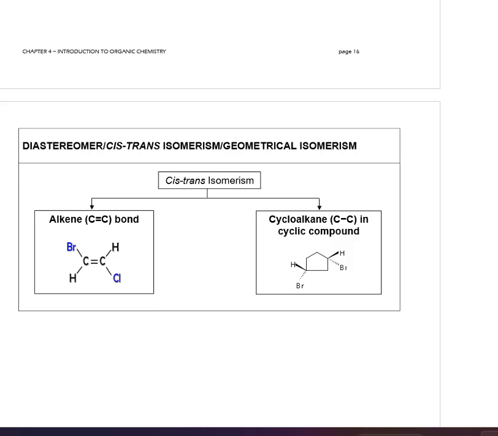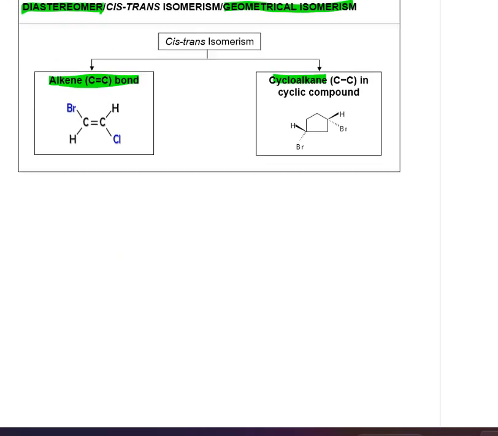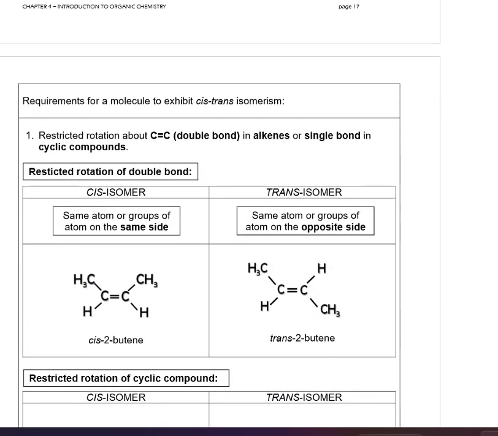So cis-trans isomer is also known as diastereomer and also known as geometrical isomerism. Okay, cis-trans isomerism can occur at a carbon-carbon double bond and also at cycloalkanes. So, the requirement for a molecule to exhibit cis-trans isomerism.